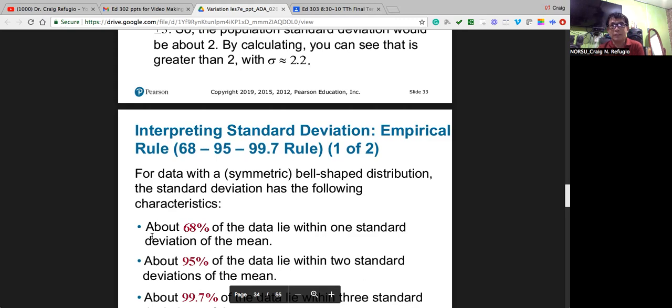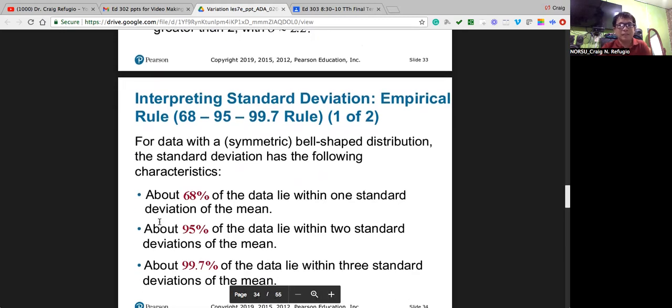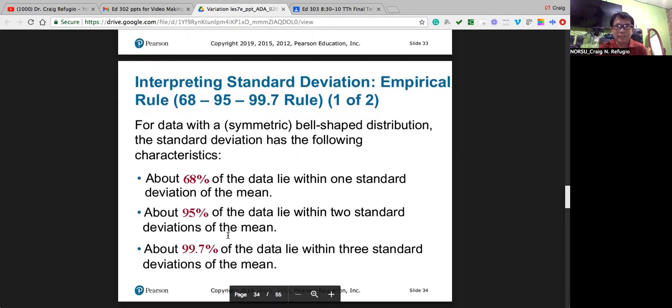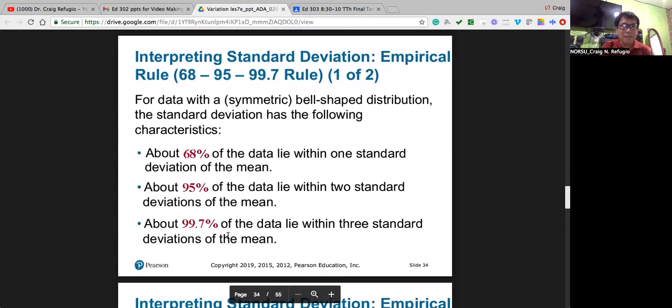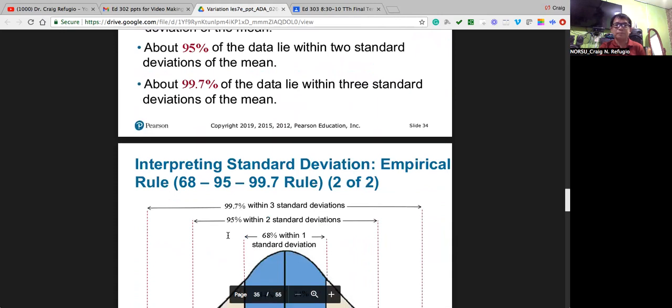Sometimes we call it normal distribution, and sometimes bell-shaped distribution. About 68% of the data lie within one standard deviation of the mean. About 95% lie within 2 standard deviations of the mean. And about 99.7% lie within 3 standard deviations of the mean.